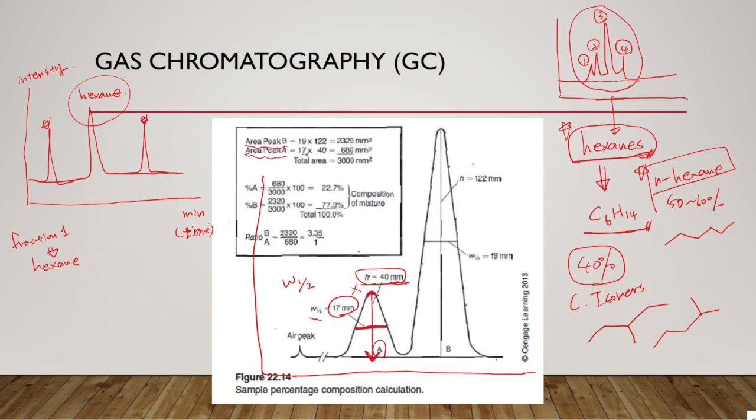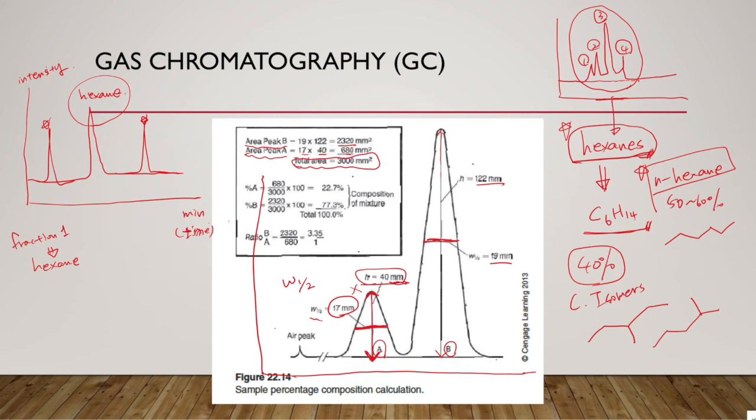So here's the example: the area of peak A is 17 times 40, which gives you 680 square millimeters, and then for the peak B, the height is measured from the baseline to the top of the peak, and then the width at the half height, which is 19 times 122, gives you 2320. And then the total area is 3000.